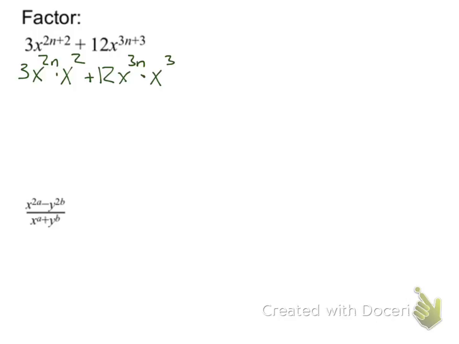Now wait. This could get a little confusing on the fact that I have x to the 2n and x to the 3n. I have an exponent that has some multiplication in there. Could I use this one?